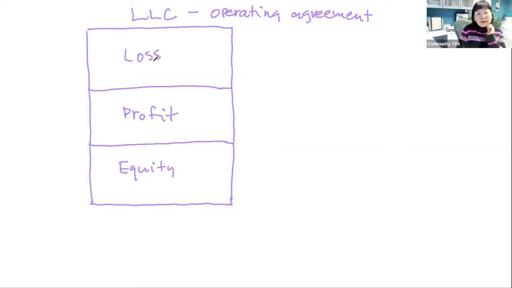So let's say you and your spouse are operating an LLC. Two of you are the members. And you want to figure out how the loss is distributed, how the profit is distributed, how the equity is distributed. And one thing you should know is you can have different percentages for all of these elements.